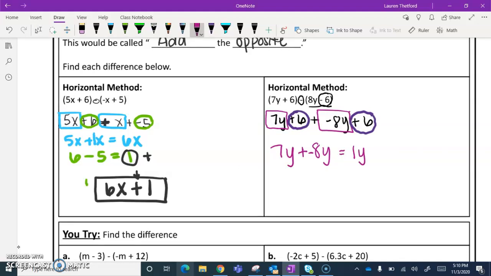Then we'll have our y, and it'll be negative because our larger number was negative. This is equal to just negative y, so we can get rid of that 1 and just leave our negative. Then we have 6 plus 6, which gives us 12. So my answer is negative y plus 12.